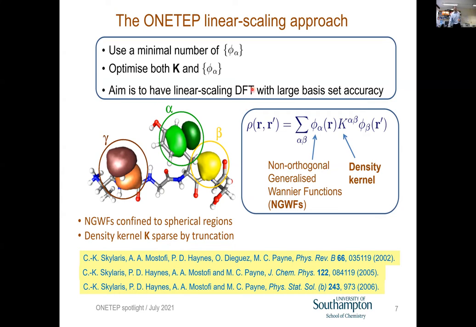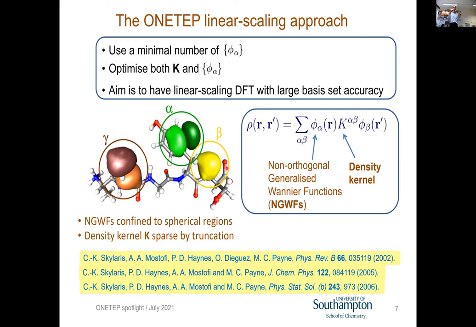And to do this, we use a minimal number of localized functions, localized orbitals, which we call non-orthogonal generalized Wannier functions, or NGWFs. So this is the linear scaling localization part, but then these are not fixed. They are optimized inside the calculation. They adapt to the chemical environment.